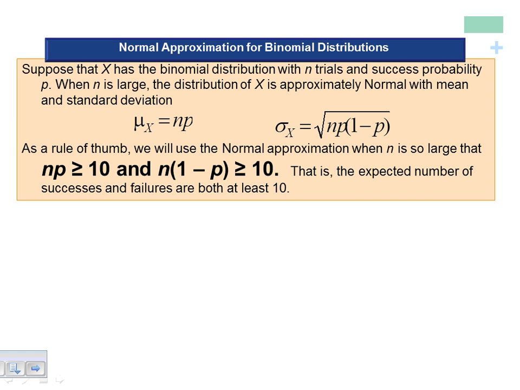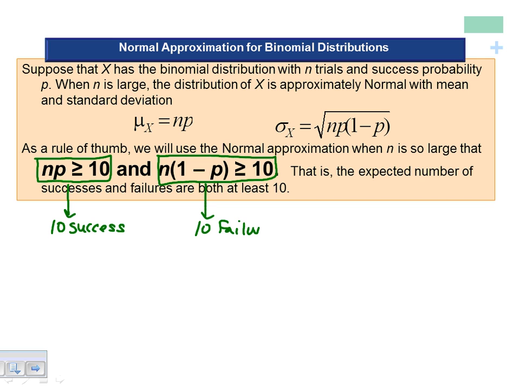So we already knew our standard deviation and our mean. And the other thing we have to check now is that we have at least 10 successes and at least 10 failures for that sample to be big enough to approximate normality as well. Okay, so I would take n times p, and I want to say that that's greater than 10. That's basically saying I have 10 successes in all of my attempts, and I have 10 failures in all of my attempts.